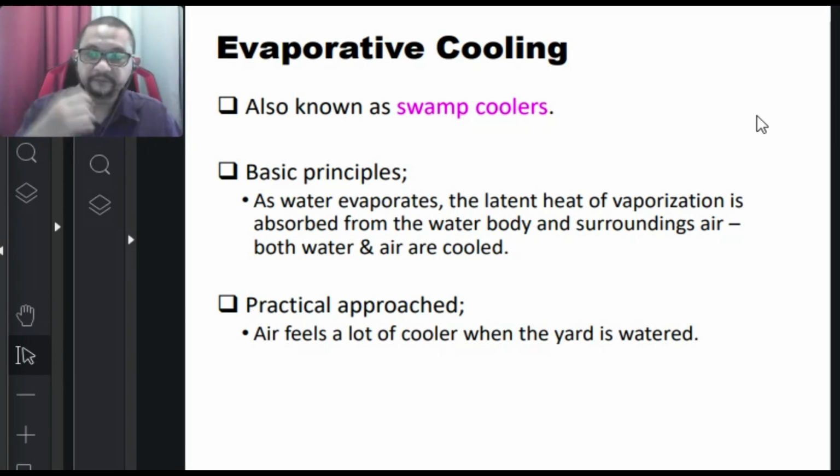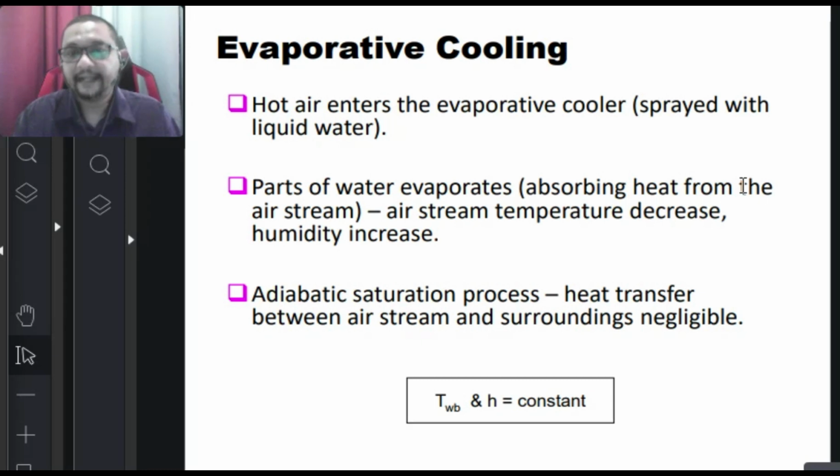A practical example where we can see evaporative cooling: air feels a lot cooler when the yard is watered. Hot air enters the evaporative cooler and is sprayed with liquid water. So water comes out from the injector, and then it meets the hot air.